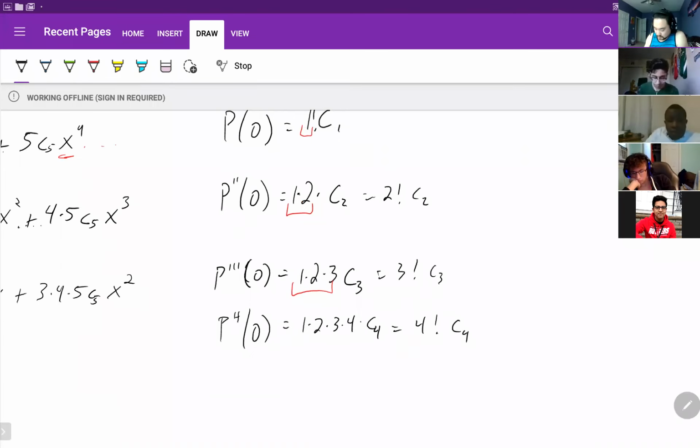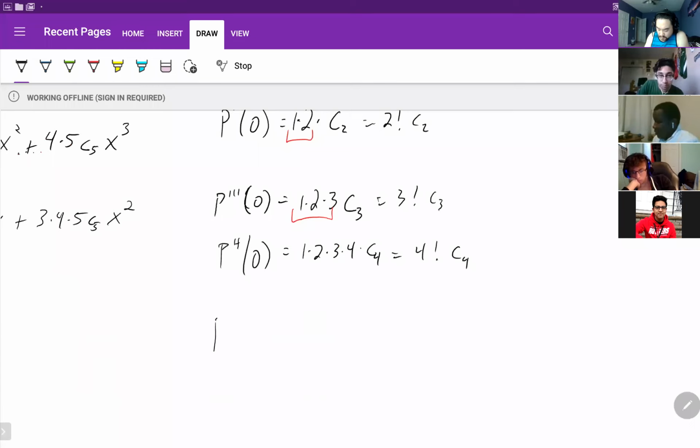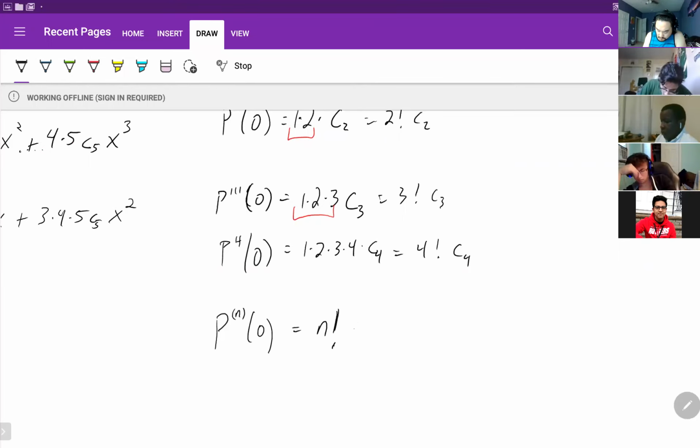Isn't that crazy? So that means if I go to p sub n, the nth derivative at 0, meaning I have my function and I derive it n times, this is going to be n factorial C sub n. Thanks, Lamech, I needed to see that.